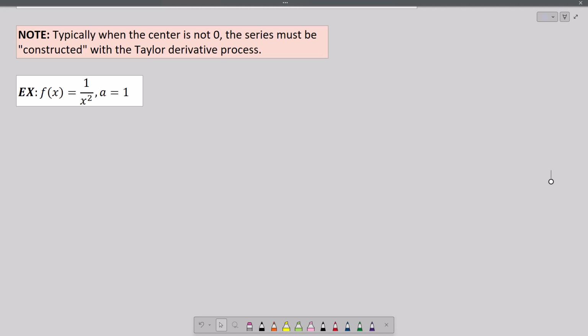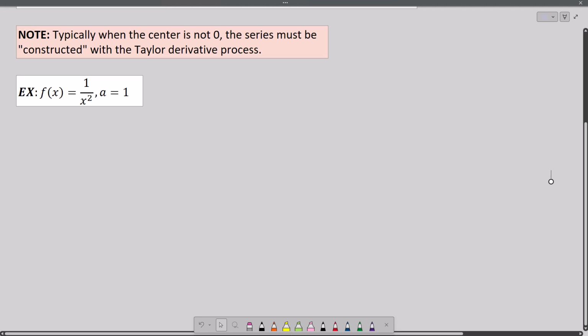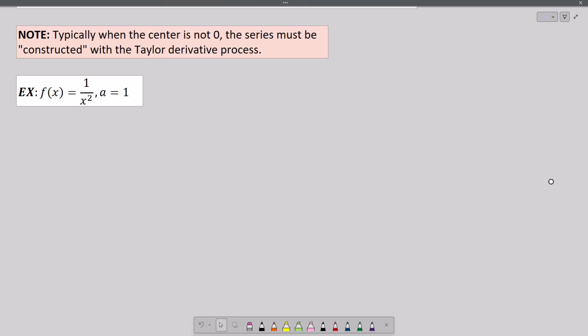If we were asked to create a Taylor series or a power series that's centered at the origin, often we can take one of those 12 series that I just had up on the board and modify them like what we've been doing. Shift it, replace, multiply by a power of x.